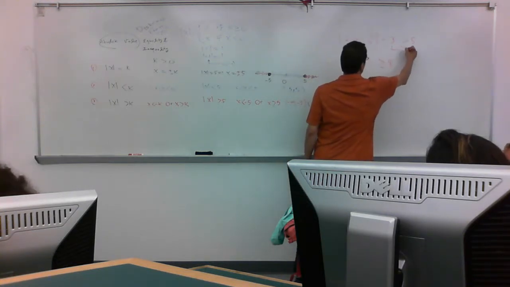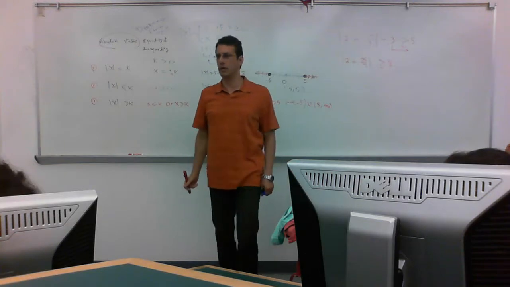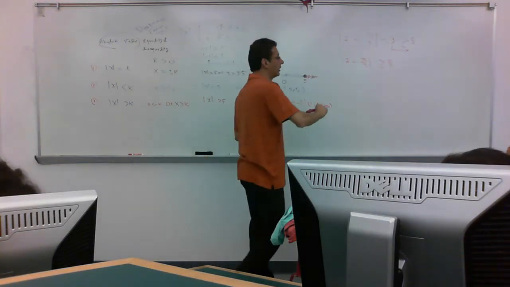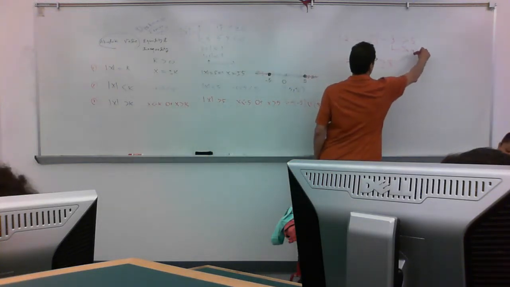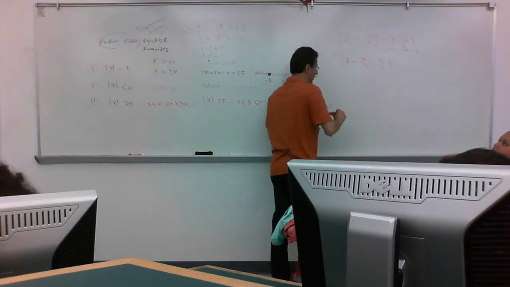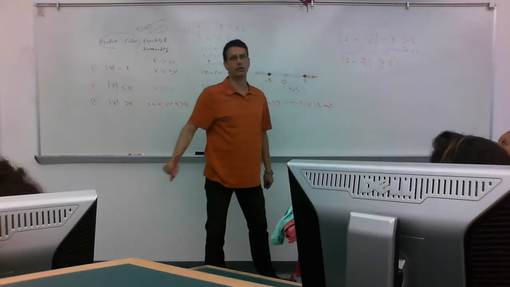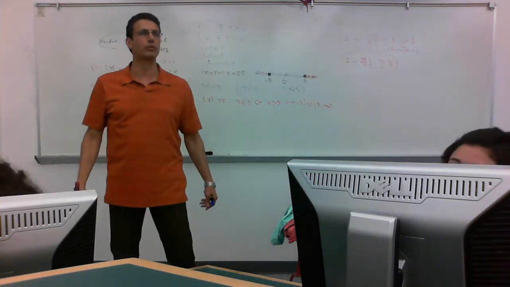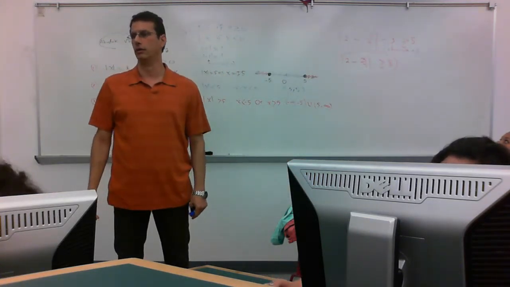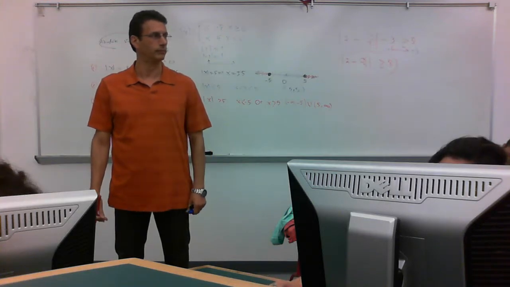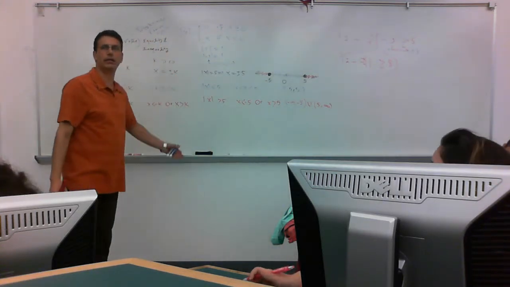So you move the -3 to the other side, meaning you add +3. Does everybody agree with that? To both sides. Now, this is extremely important, class. Please do not touch the absolute value until it's completely isolated. Now it's clearly the third case, right?